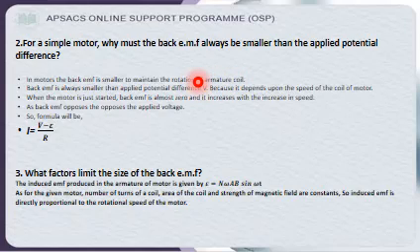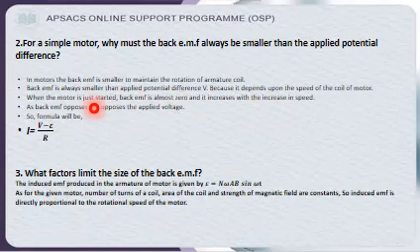As back EMF opposes the applied voltage, the formula is I equals V minus E upon R. According to this formula, the back EMF is always less than the applied voltage, and the negative sign tells us about its opposite direction.